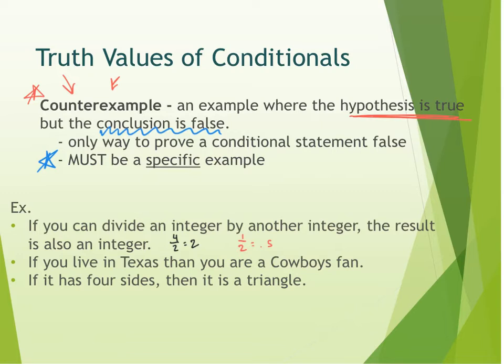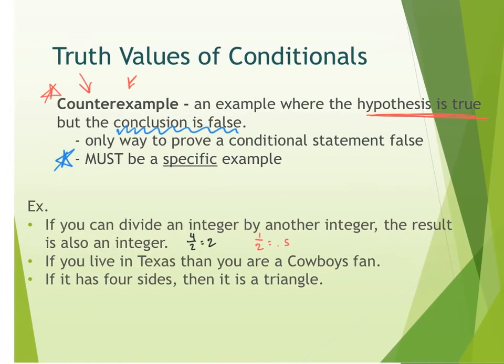Okay, let's go to the next one. If you live in Texas, then you're a Cowboys fan. A counterexample of this would be if you live in Texas, then you are a Yankees fan. Or you're a Texans fan.